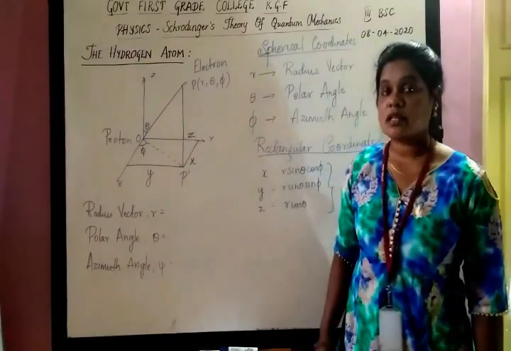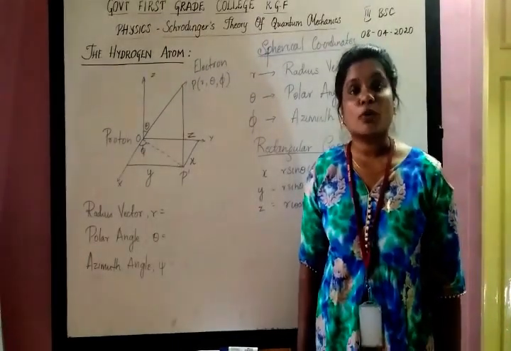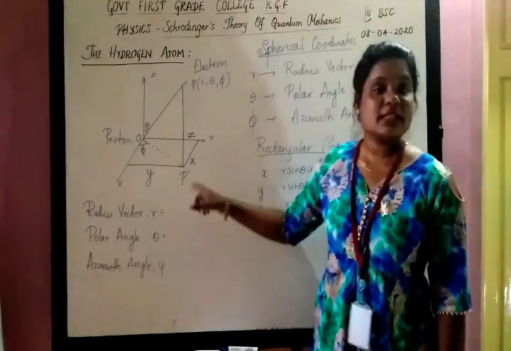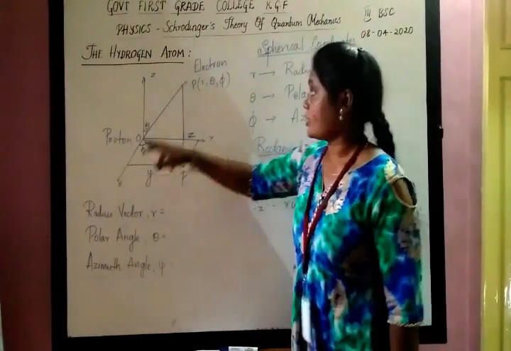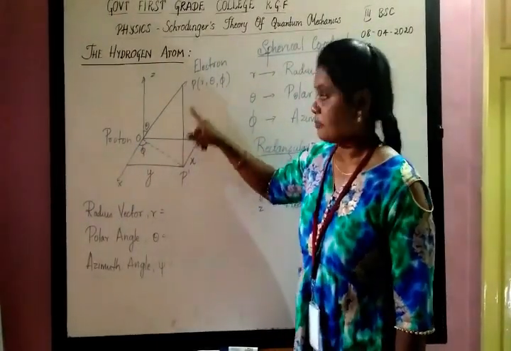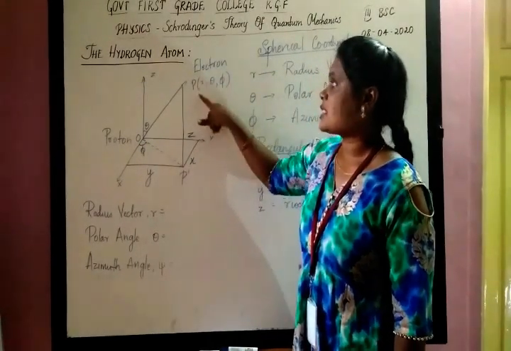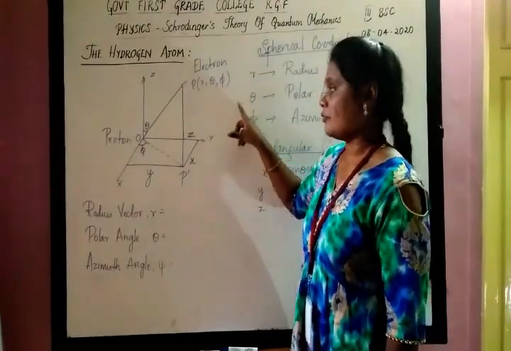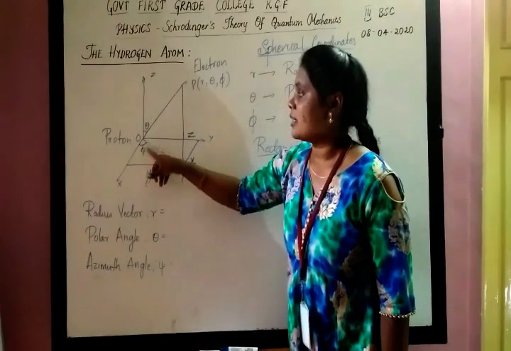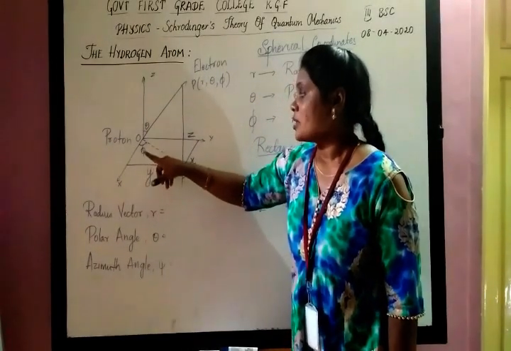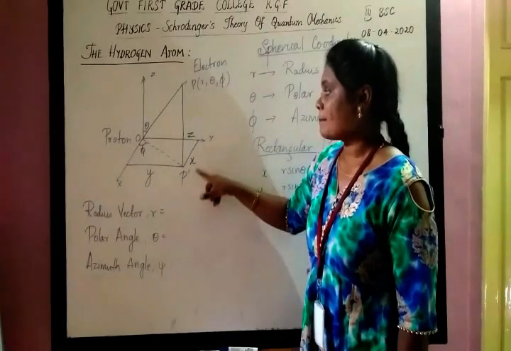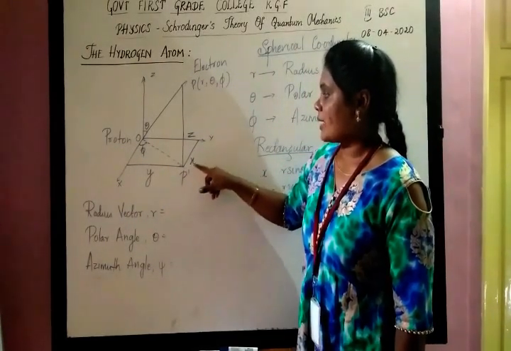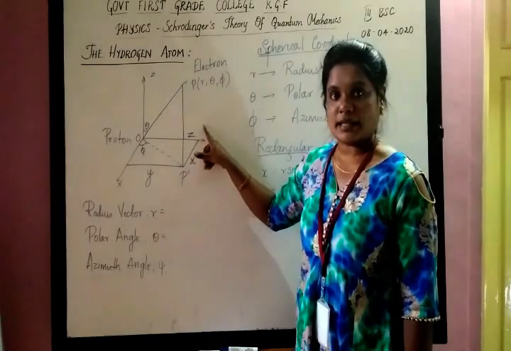Now let us consider the position of the electron in polar coordinates, which is represented by a diagram. Here we have the proton at the origin and the electron at the point P, which has the polar coordinates P of r, theta, phi, and it makes the angles theta and phi. Now let us draw a line which joins OP' and has x, y and z.